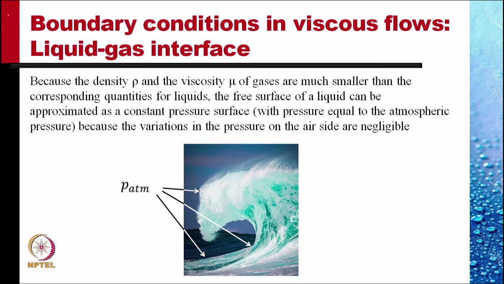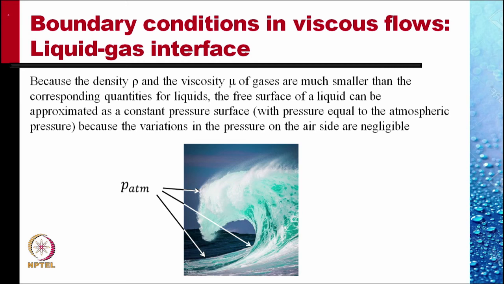Because of continuity of pressure, the pressure within the liquid at the interface is equal to the pressure of the gas at that interface. And since the density of the gas is very low, the pressure variations within the gas are negligible, and therefore everywhere the pressure can be taken as the same.